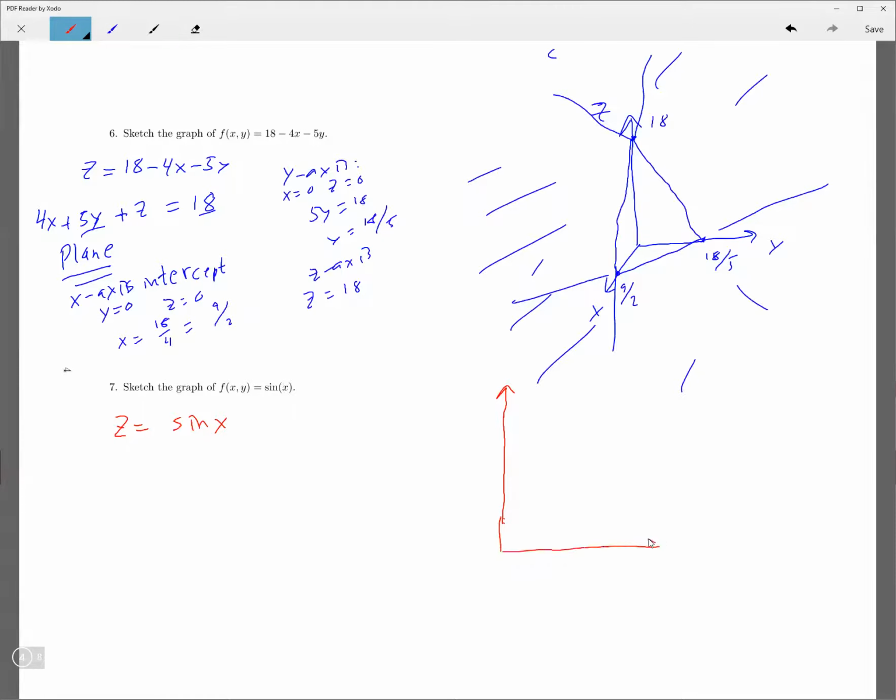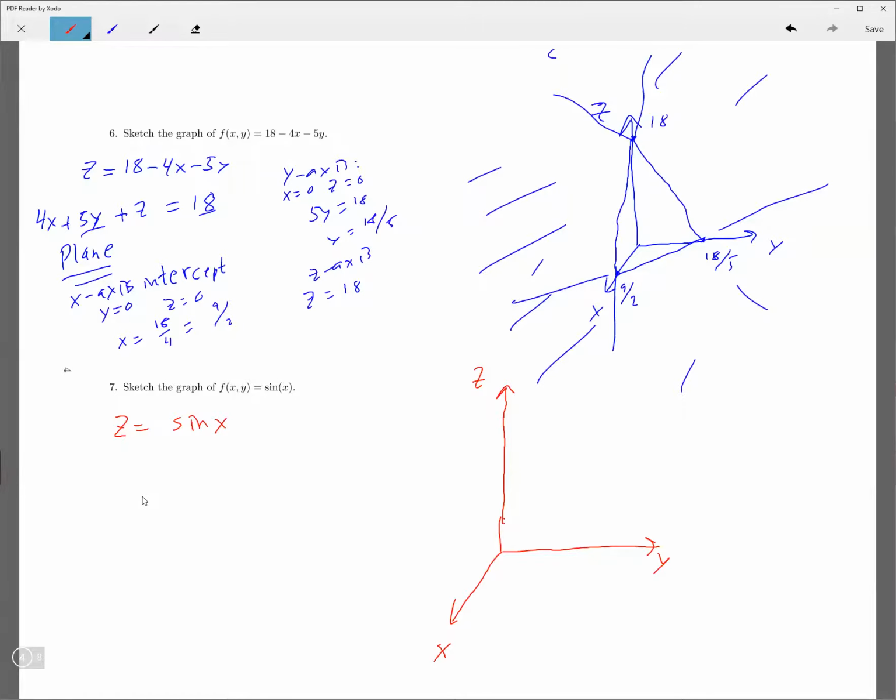Okay, so let's do the axis right here. There's no y in the expression, but it can still be a function of y, even though there's no y in the expression. Somehow it's able to achieve that.